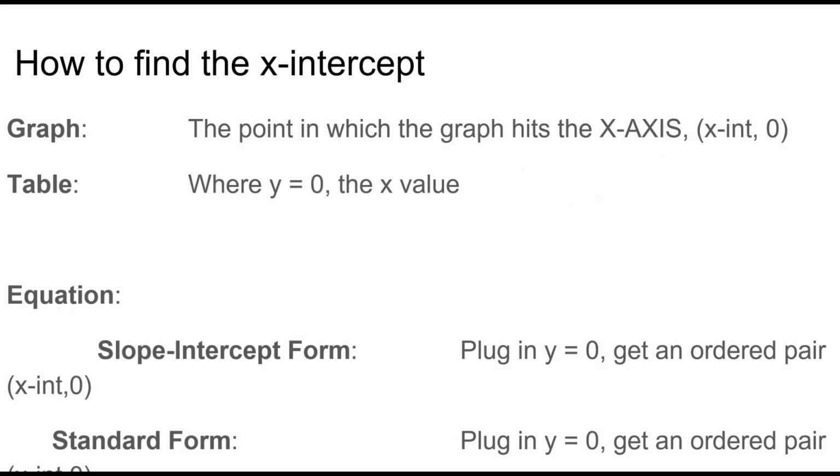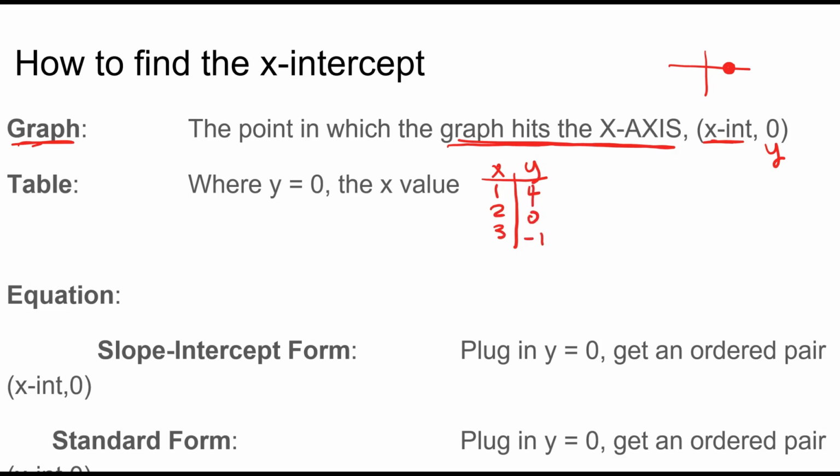X-intercept. Well, when we're looking at a graph, we're simply looking where the graph hits the x-axis. And it's that value for x, and y is 0. If we're looking at a table, we're looking where y is 0. Maybe it's something like this. That would be our x-intercept, excuse me. And when we're looking at slope-intercept form, you cannot see it right away. You have to do the work.